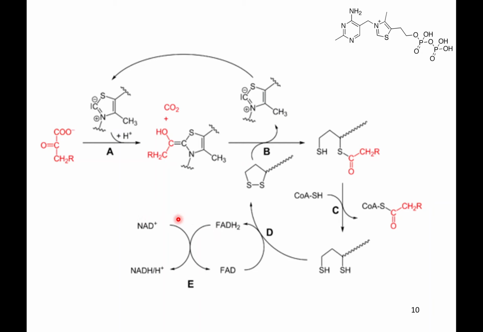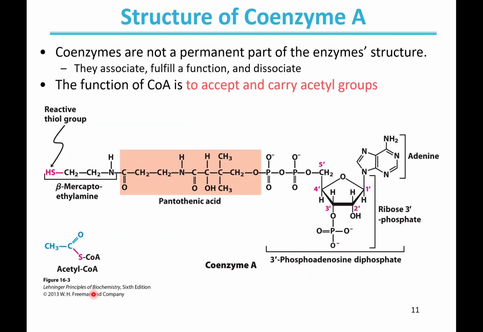Oxidized NAD+ reacts with reduced FADH2, transfers electrons to form NADH and a proton, and FAD reoxidizes itself so it can function in this cycle again. And this NADH is then a free electron carrier. It can go into the main respiratory chain. So that's this complex in a nutshell.